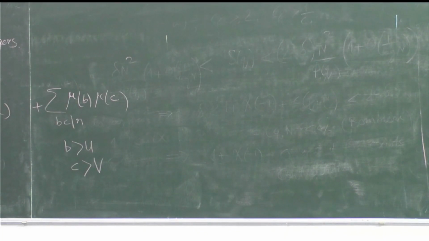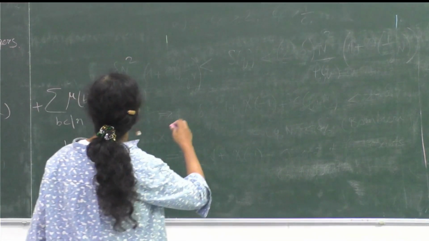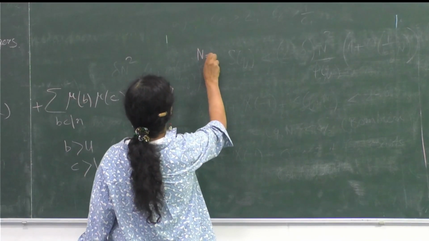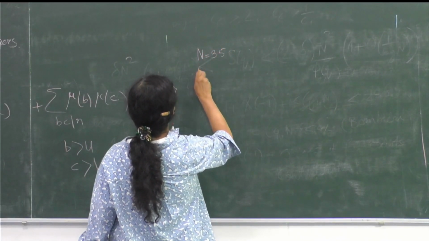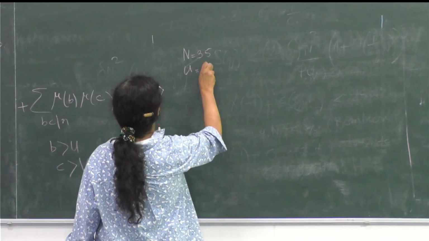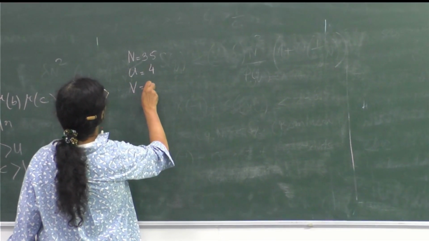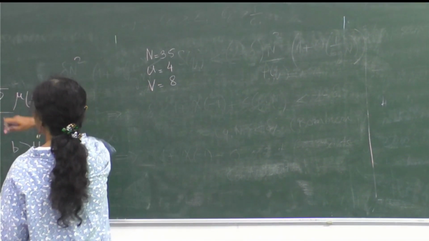A bit louder? 35. Why 35? Just like that, for fun. Okay, N equal to 35, U equal to, V equal to, okay?